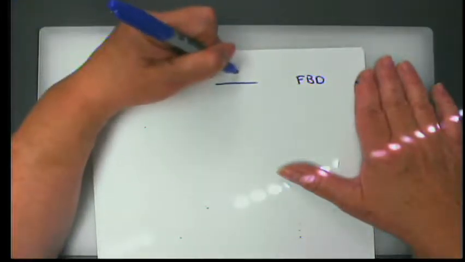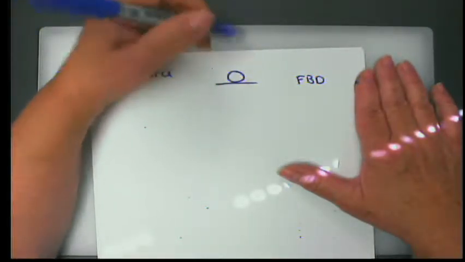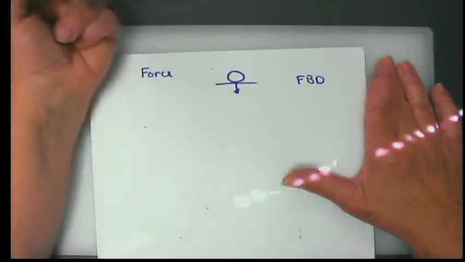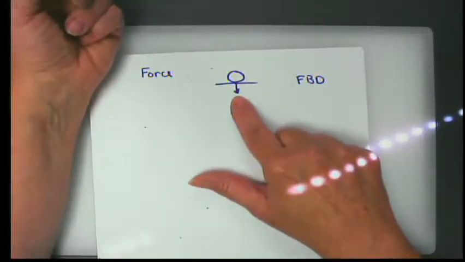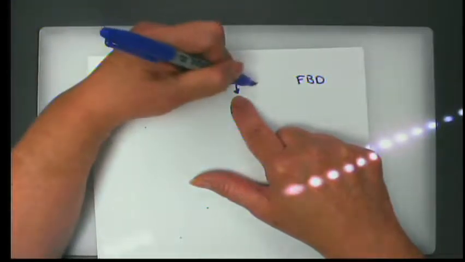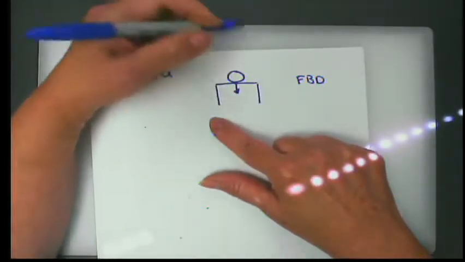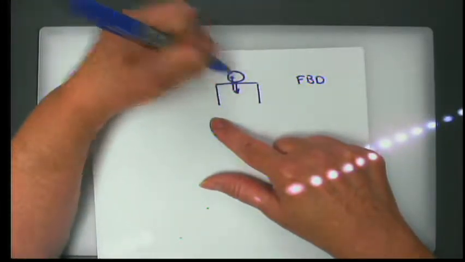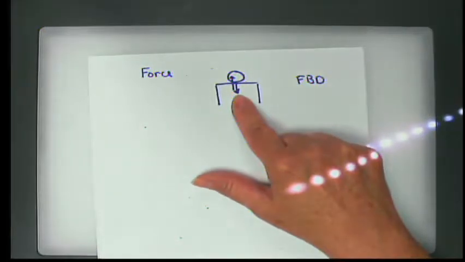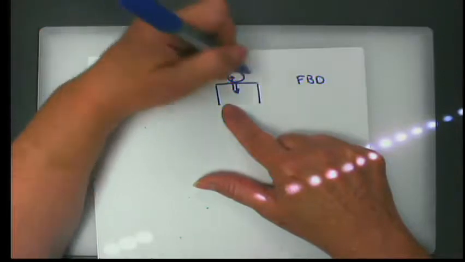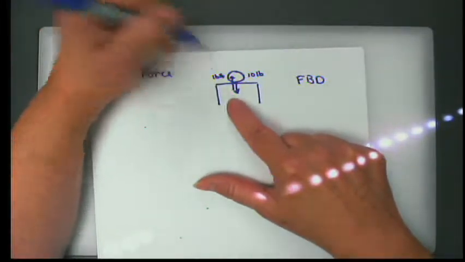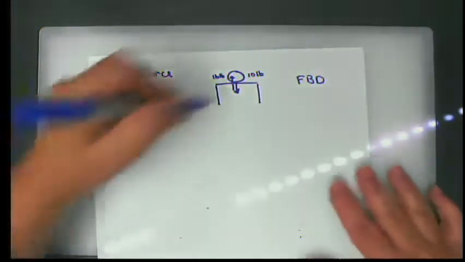If I have a ball resting on the surface of a table, for example, it pushes down on the table. Here's my table legs. But that also means that the table, if the ball is stationary, pushes back on the ball. And if the ball weighs 10 pounds, that means that the table pushes back with a weight of 10 pounds.